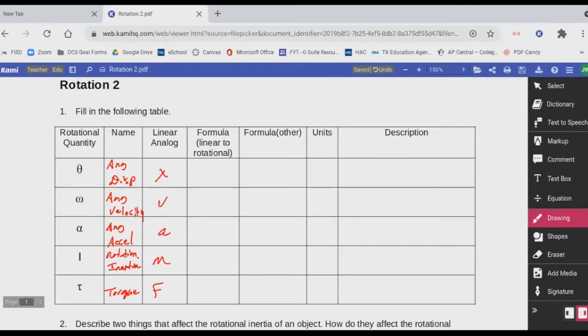All right, now for the next column, formula linear to rotational. I gave you some of these last class, like X equals R times theta. Well, let's just rearrange it so it's the same thing, just presented a little bit differently, where I can say theta is equal to X over R. We can say that omega is equal to V over R. Alpha is equal to the change in omega over R. Let's see, is that what I wanted?